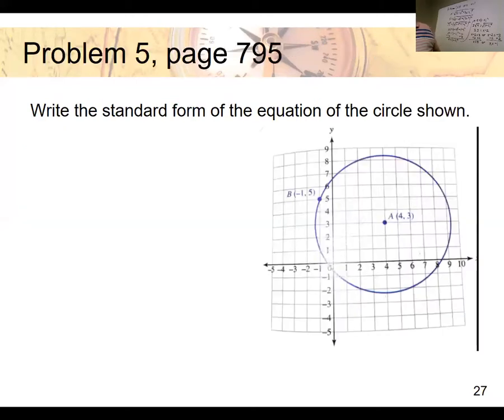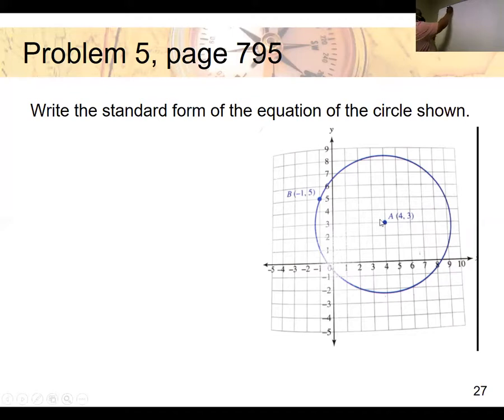All right, let's look at this particular problem here. Let's say I want to write the standard form of the equation of the circle that's given here. Now we're given the center, which is 4, 3, as you can see here.